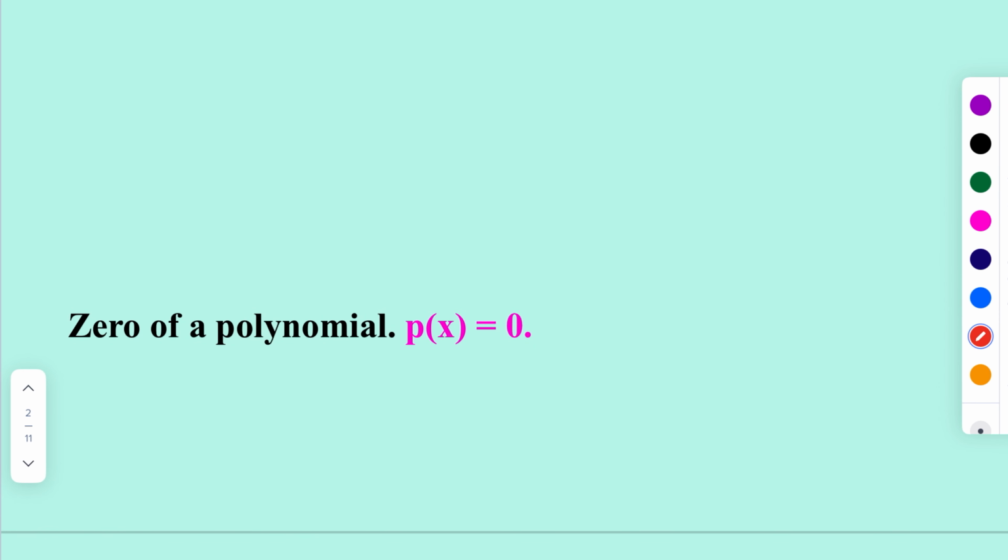Next is the value of p of x at x is equal to k. The example we have taken, x square minus 8x plus 12, that is equal to p of x.